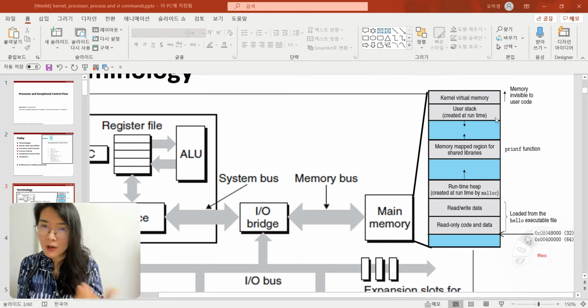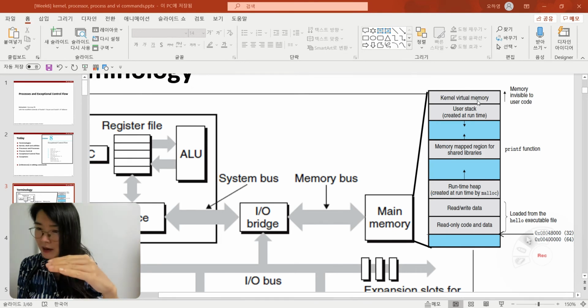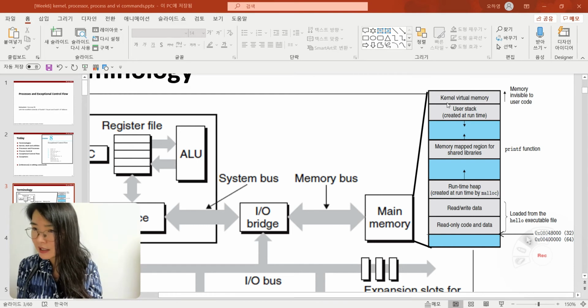For example, as I mentioned, the kernel virtual memory is the top level of the main memory. So have you ever heard about the kernel? The kernel is the main part of the operating system. So this concept is software. So we will learn the kernel in detail in the next page.